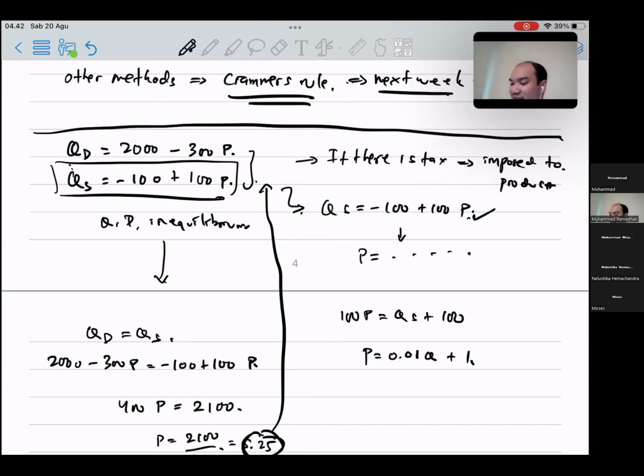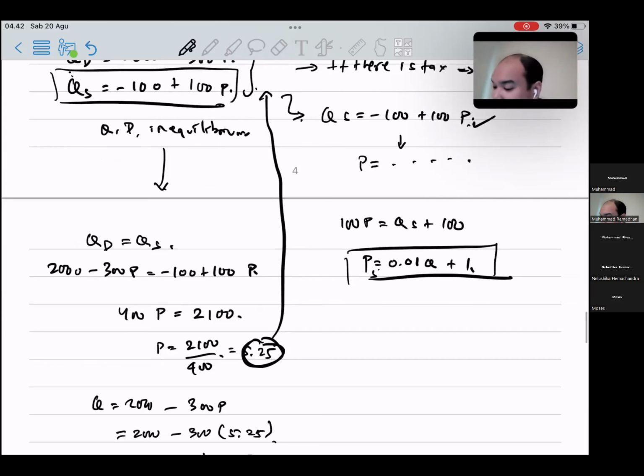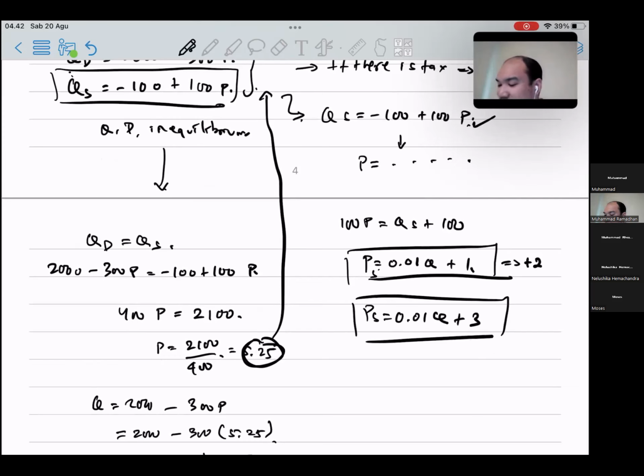So if the tax is 2, this is plus 2. So PS is 0.01Q plus 3, something like that.